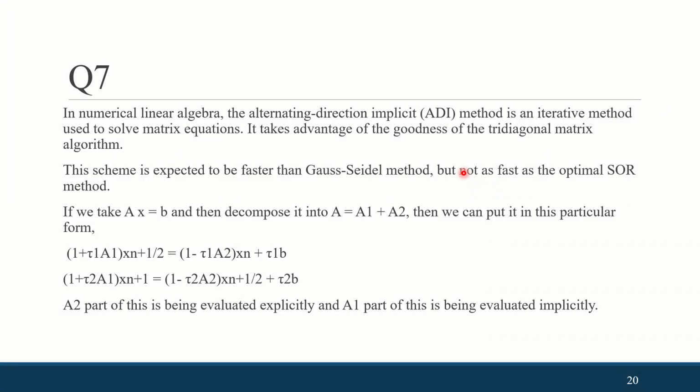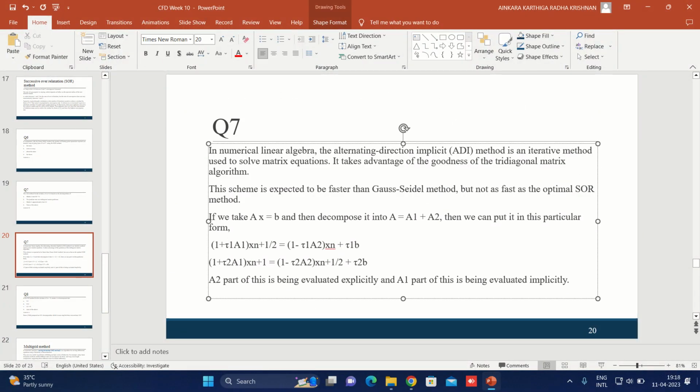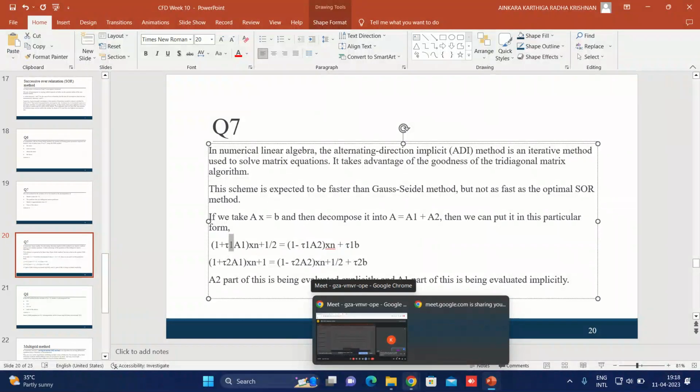Here, if the matrix is given in the form of Ax equals B, then we are decomposing it into A equals A1 plus A2, and then we can put it in this particular form, 1 plus tau 1 A1.